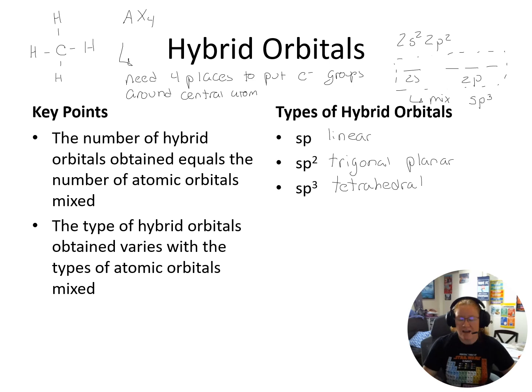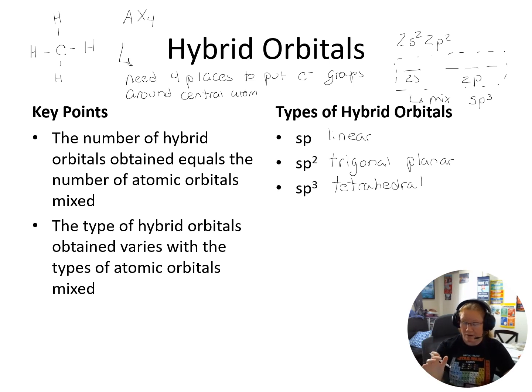Remember, at period 3, we have an n value of 3, and I can have L values of 0 to n minus 1. So in period 3, I can have an L value of 0, 1, and 2. Our L values correspond to the orbitals that exist: s, p, d. So in period 3, those empty 3d orbitals exist.